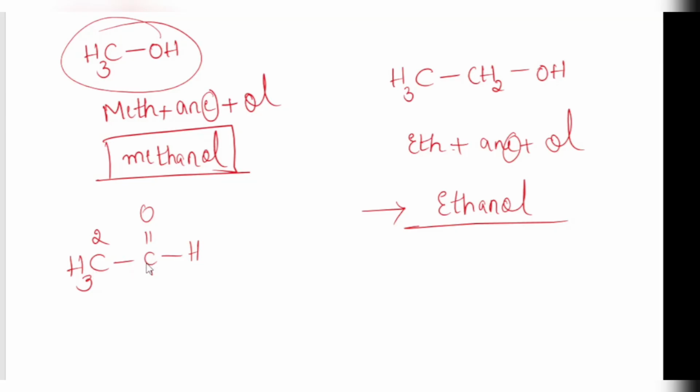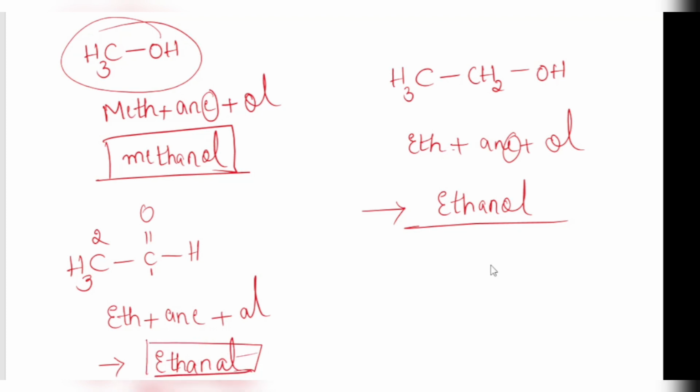It contains 2 carbon, that's why eth, plus carbon-carbon single bond is there, that's why ANE, plus what is the secondary suffix for this? That is AL. If we want to write the IUPAC name, we will get it as ethanal. By pronunciation, we have to understand the difference between ethanol as well as ethanal, correct?